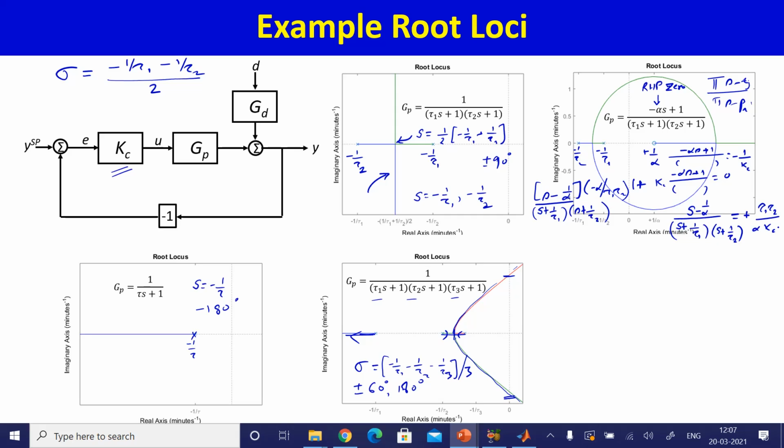So now we are looking for those special points in the S plane for which the left hand side turns out to be a positive real number, not a negative real number, positive real number.